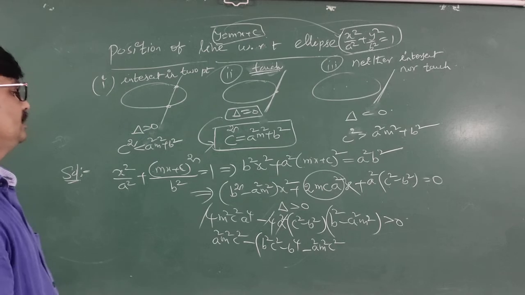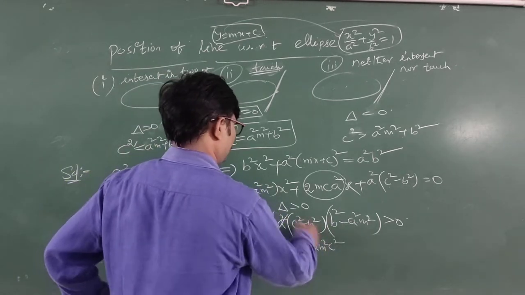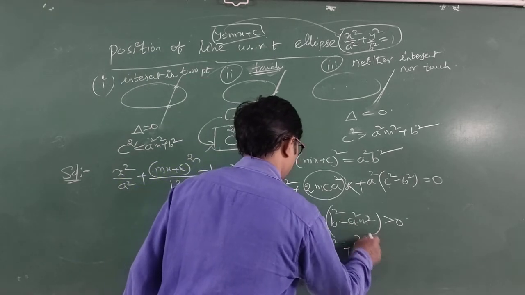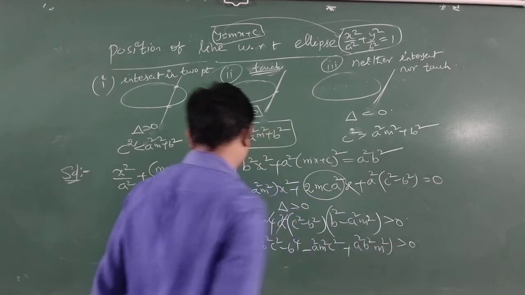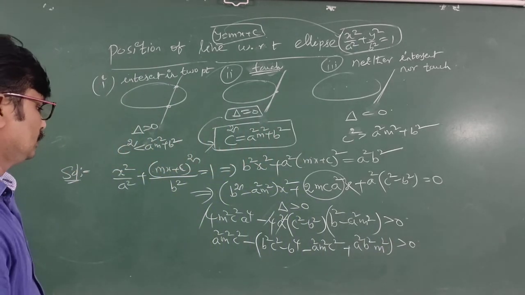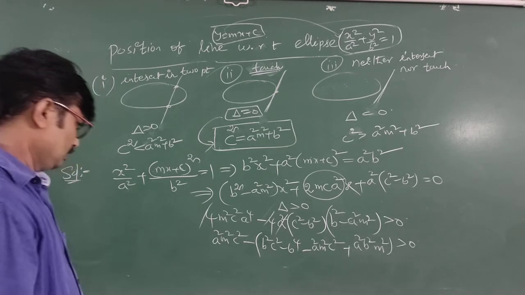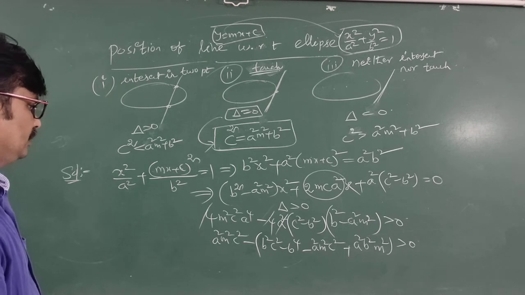What we got here: a²m²c², then minus, minus, plus a²b²m² greater than 0. My dear students, what do we observe here? Which term is cancelled?